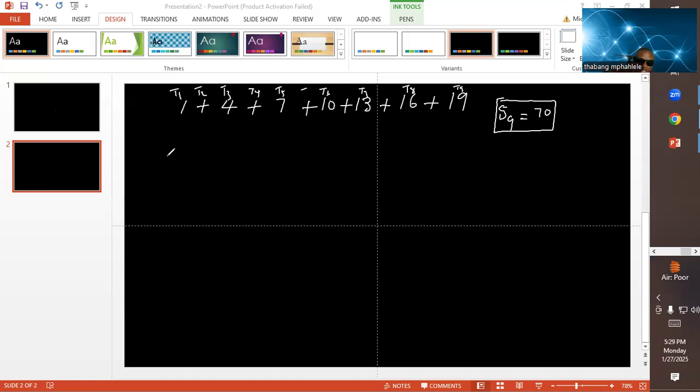So, I'm going to say Sn equals n over 2, 2a plus n minus 1 d. This is the formula that you use to find the sum of an arithmetic series.